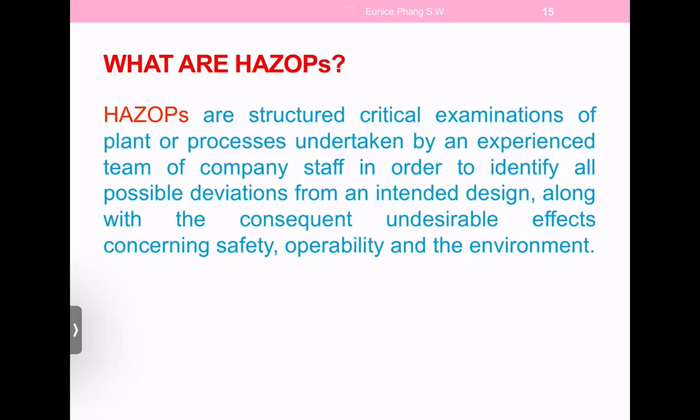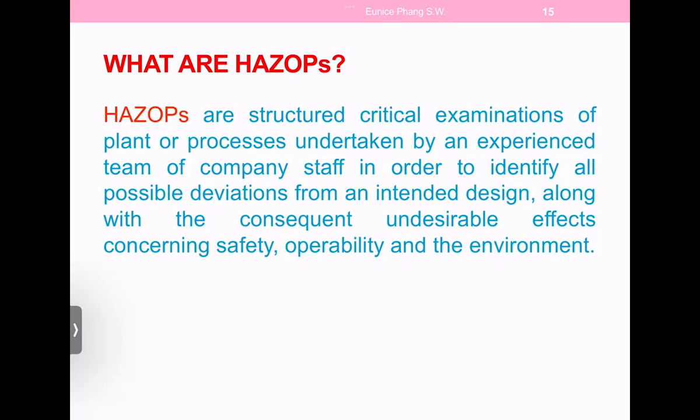Some companies say they can't afford that manpower, so they only do it once every 5 years. Other companies do a minor HAZOP every 3 years, focusing on 1 or 2 processes, and a major review every 5 years. So it's up to the company.